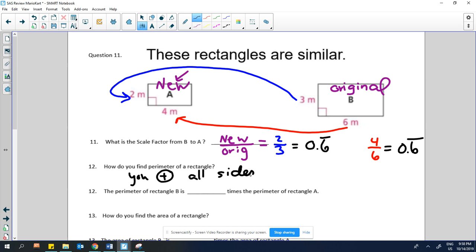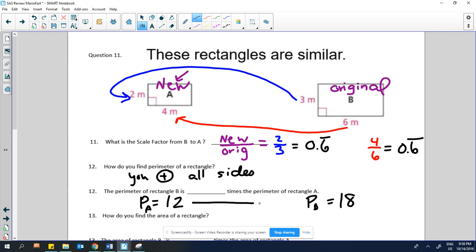Okay, so if I do that, the perimeter of rectangle B is blank times the perimeter of rectangle A. Okay, so the perimeter of rectangle A is 2 plus 4, which is 6, plus another 6 is 12, that's for A. The perimeter of rectangle B, 3 plus 6 is 9, 9 plus another 9 is 18.